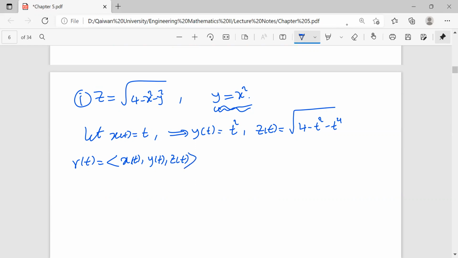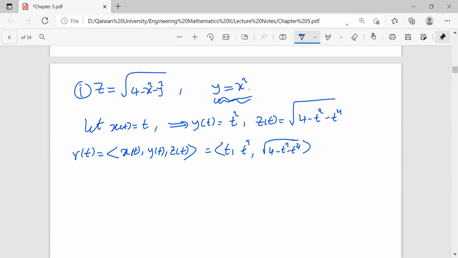And it equals t, t squared, the square root of 4 minus t squared minus t to the power 4. Maybe someone else gets different results, and both could be true.